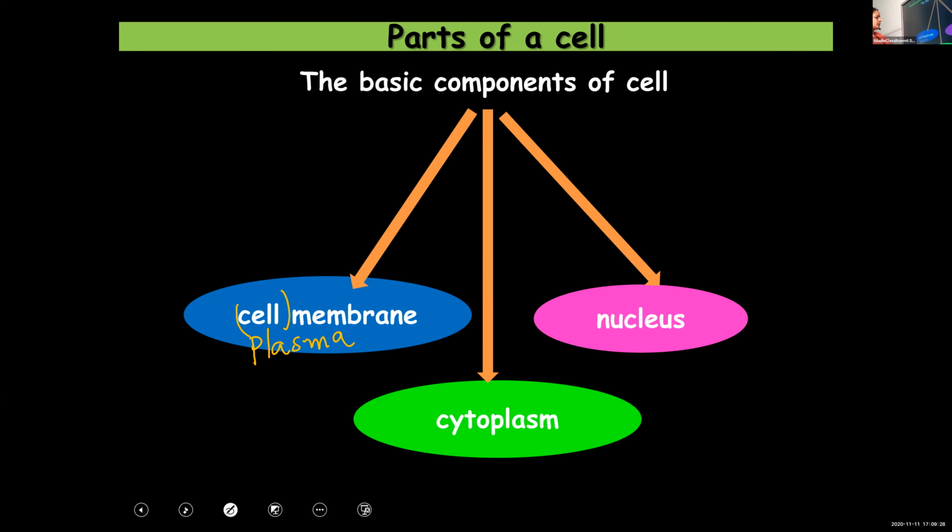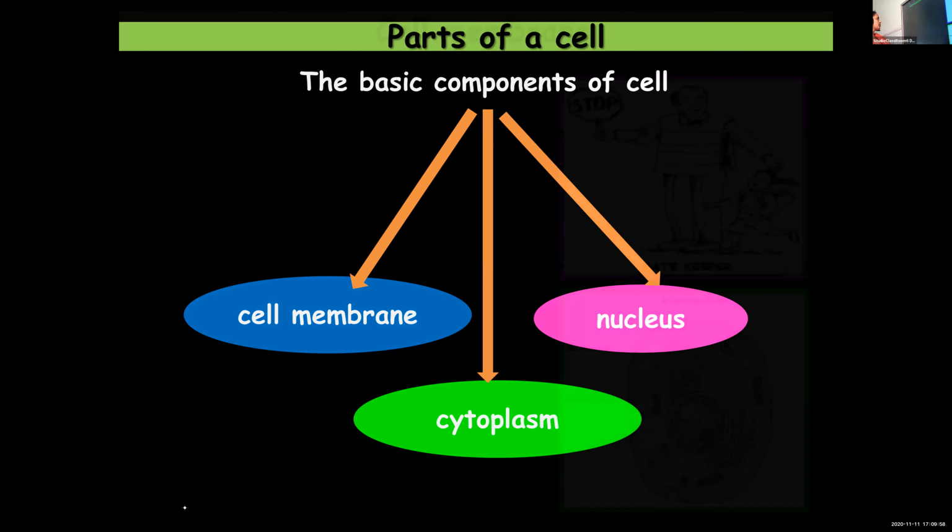Plasma membrane or cell membrane, cytoplasm and nucleus are the three main components of a cell.